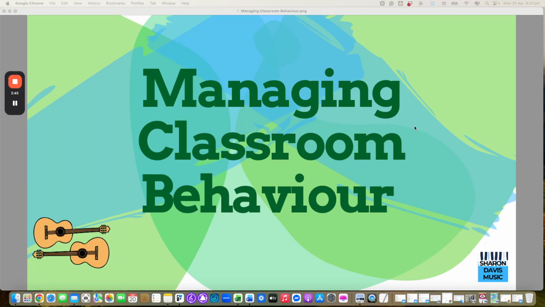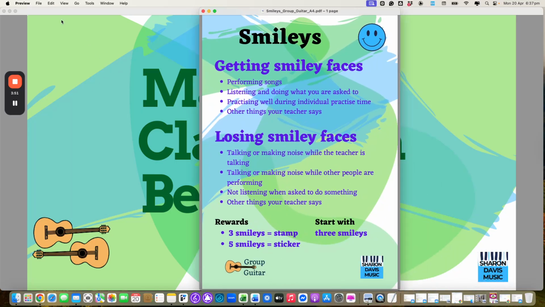We do use some reward systems in our classes. One of them is this Smileys poster that you can download from the website. The idea of it is basically that students would get smiley faces for doing the behaviours that we want: performing songs, listening, doing what they're asked, practicing well during individual practice time, and other things that the teacher would say.